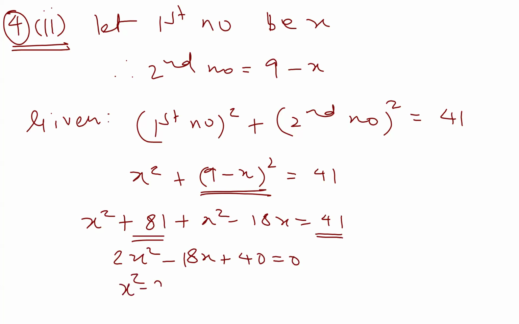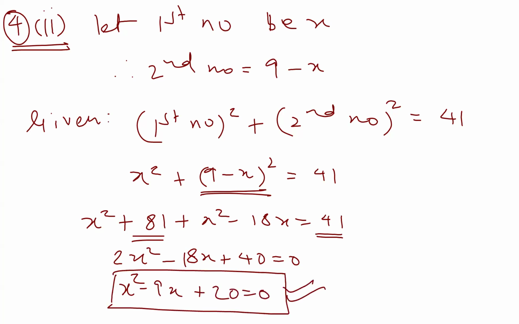So x square minus 9x plus 20 equal to 0. So this is a quadratic equation. You can just solve this. It's very easy to factorize, so you'll get x is equal to 4 and x is equal to 5.